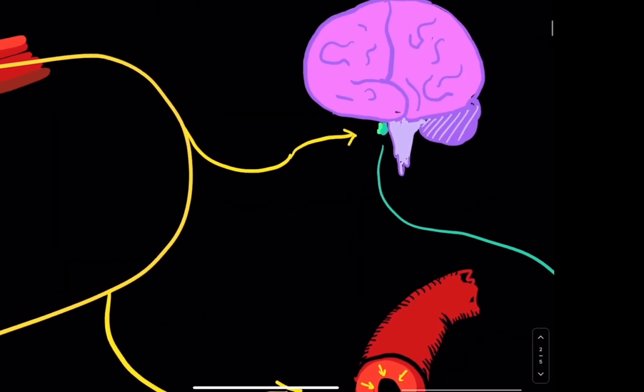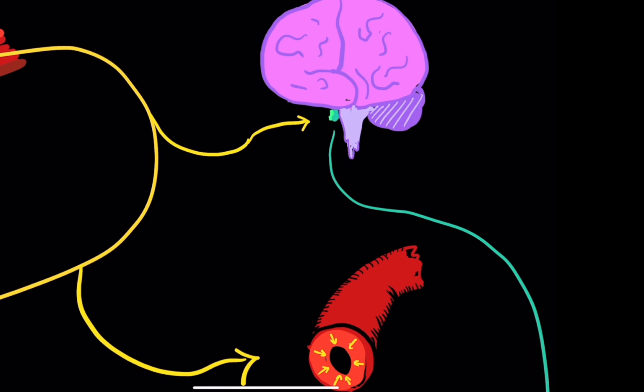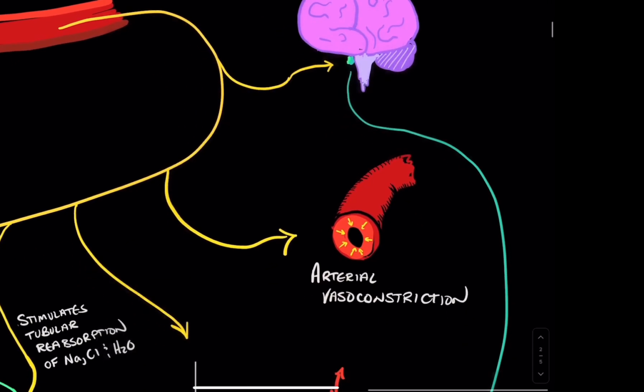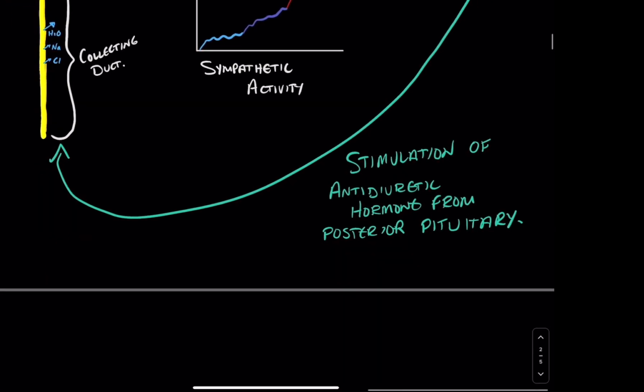And then finally, it's going to make itself all the way up to the pituitary gland. What it's going to do is cause the pituitary gland to secrete what's called antidiuretic hormone, or ADH they call it sometimes.